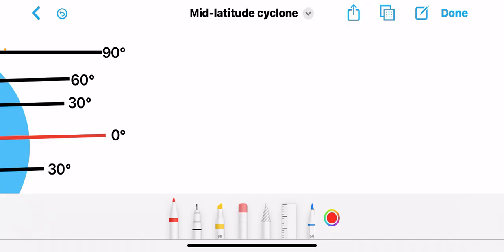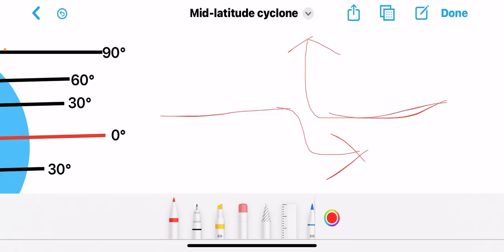So right now I'm just going to focus on how a low pressure forms. We know that a low pressure forms when a cold air mass meets a warm air mass. When they meet, the warm air will rise because of the cold air that undercuts.